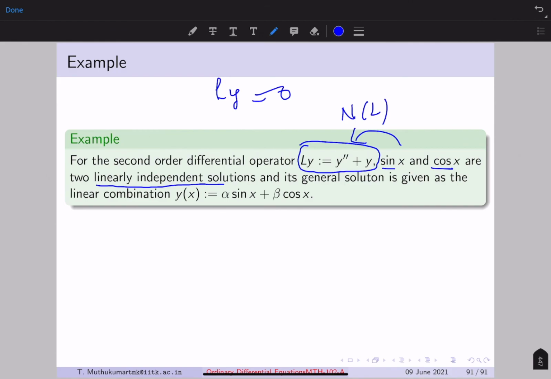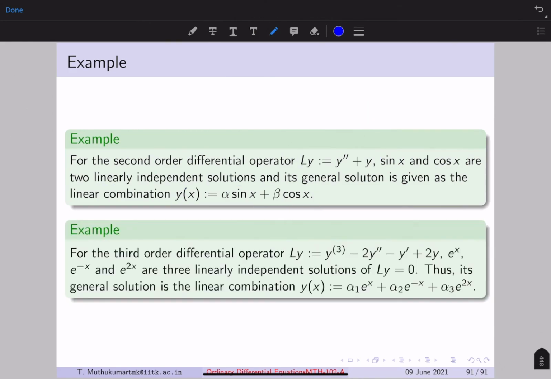So we have found 2 linearly independent solutions, and because it's a second order linear differential operator, the null space should be of 2 dimensions. So every other solution of this second order ODE should be a linear combination of sine and cosine. That's an obvious consequence of the previous theorem.